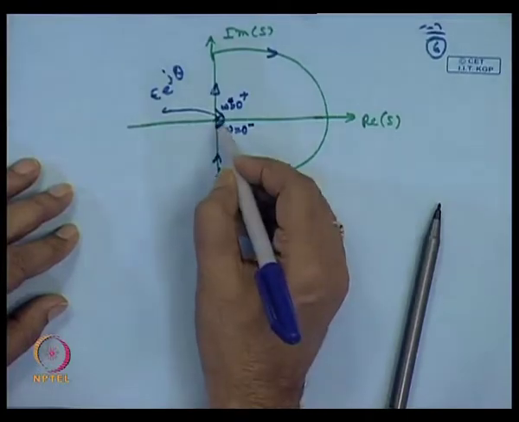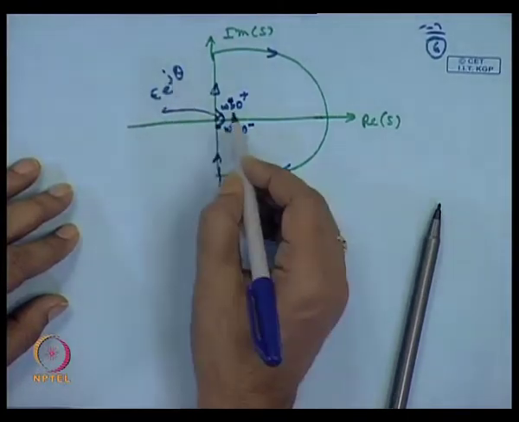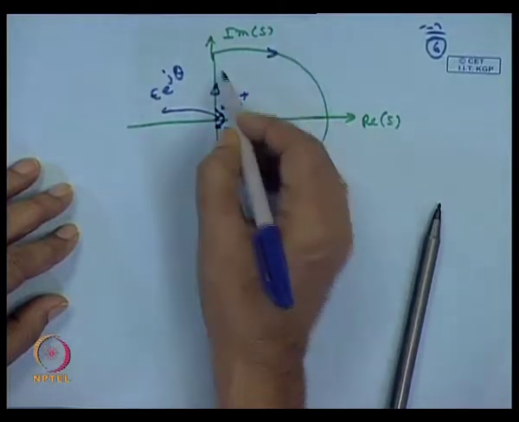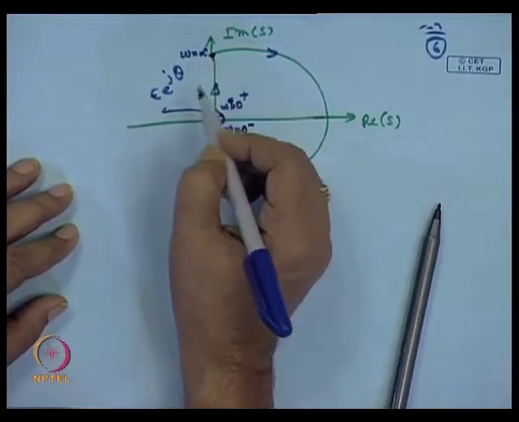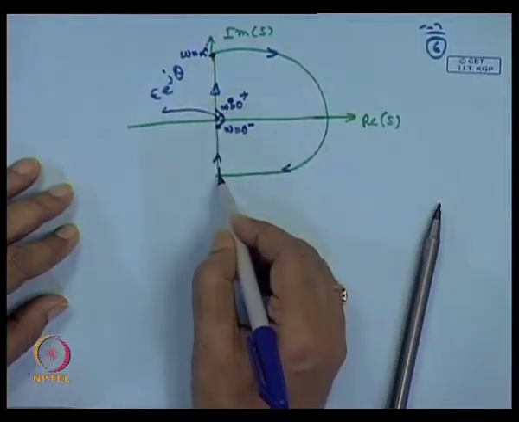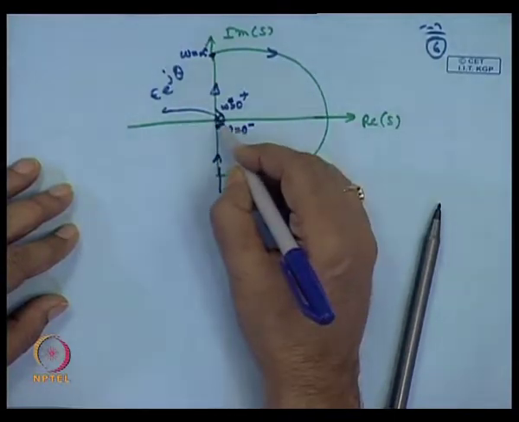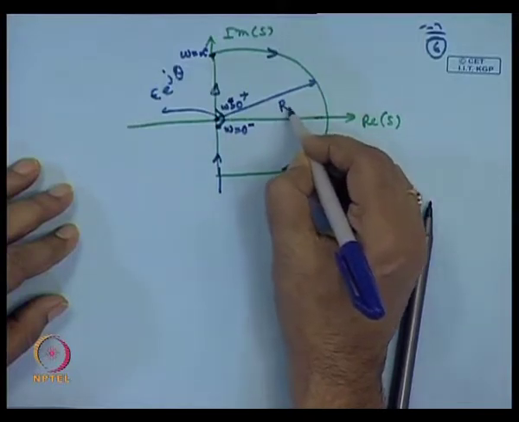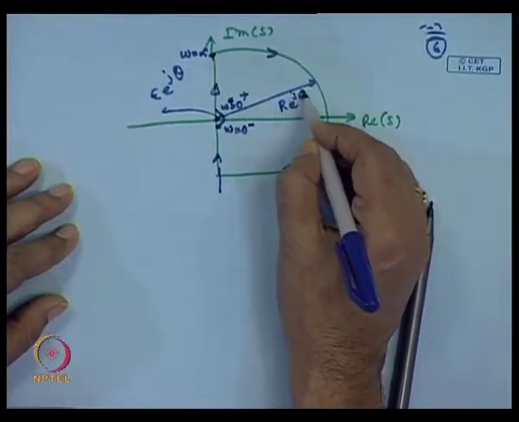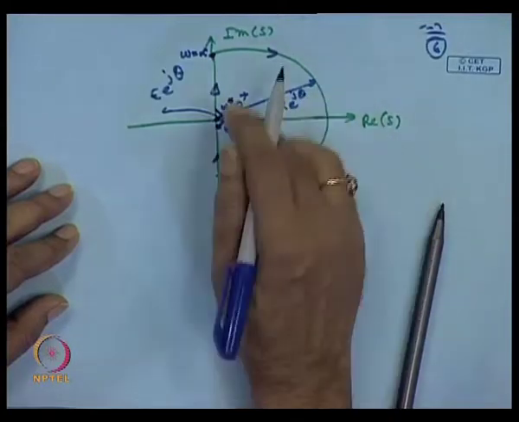So that arc is epsilon e to the power j theta, going like this, and this is omega is equal to infinity, and this is omega is equal to minus infinity. This is r e to the power of j theta, and r tends to infinity.